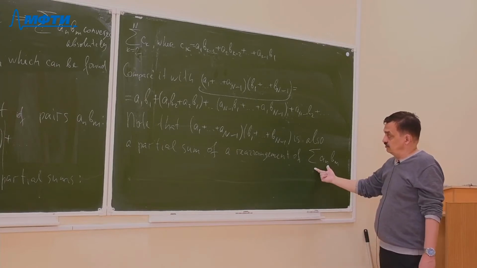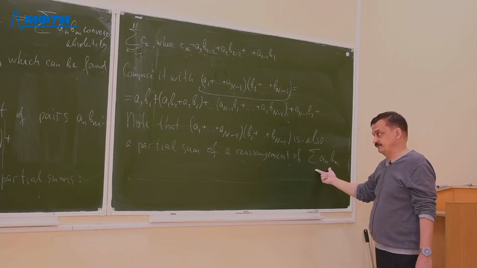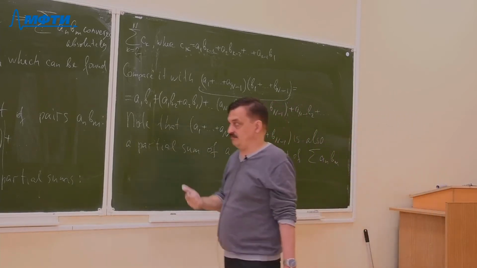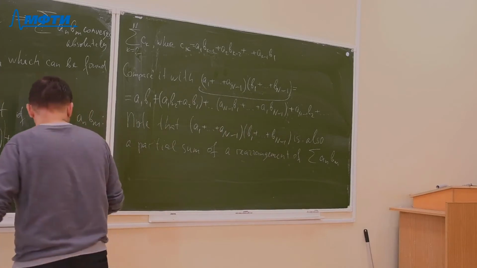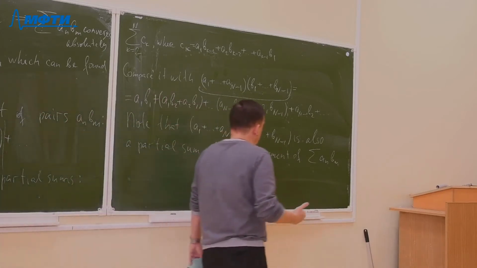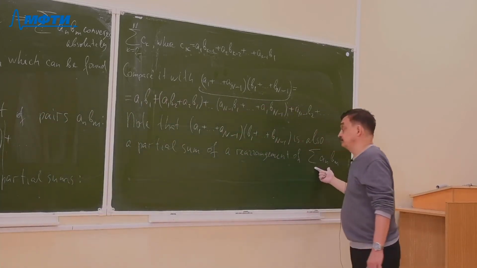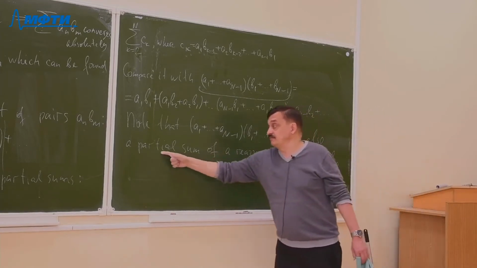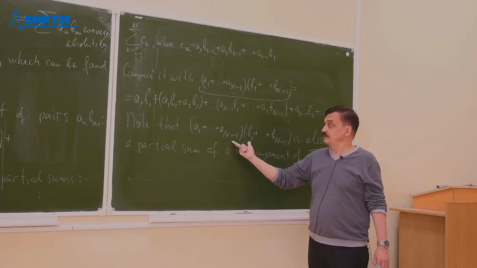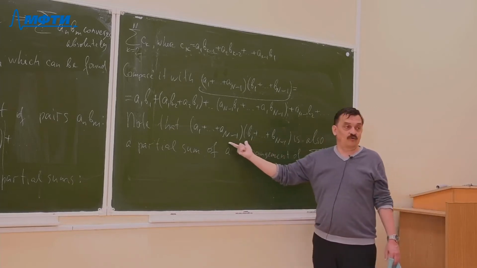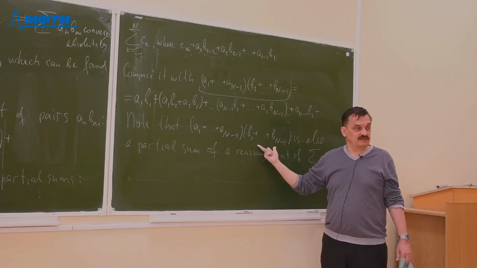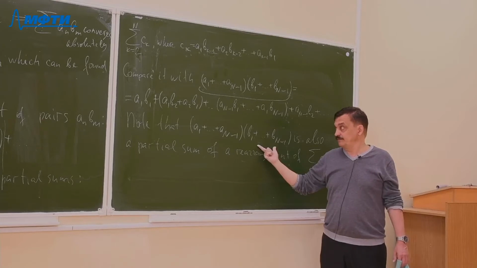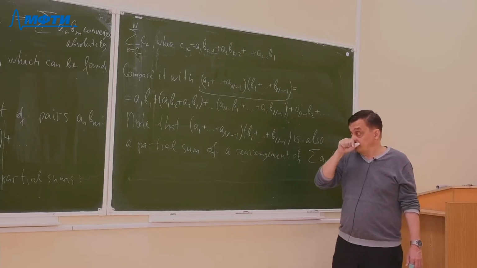We know that arbitrary rearrangement has the same limit. And we know that a partial sum for such a rearrangement has this form. Right? So, what we can conclude?